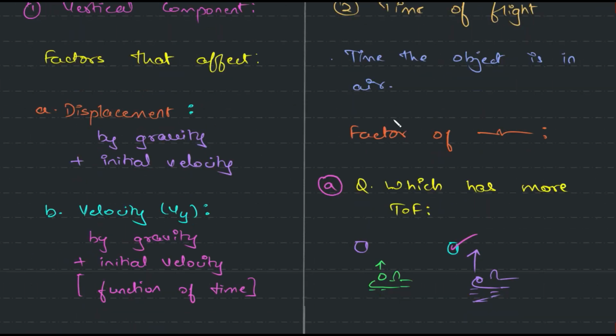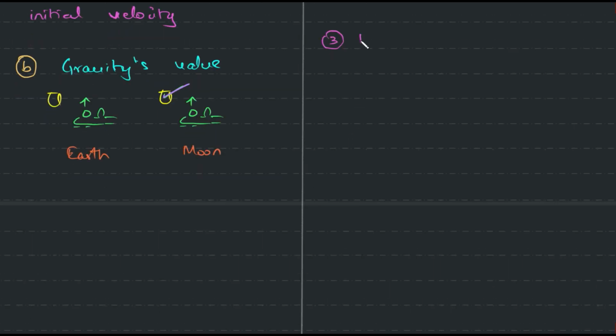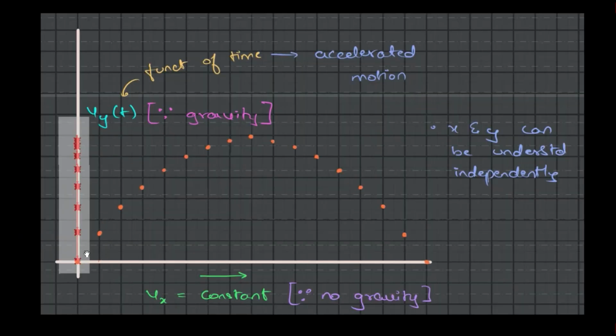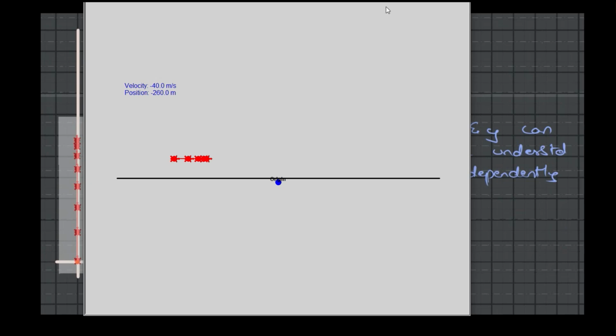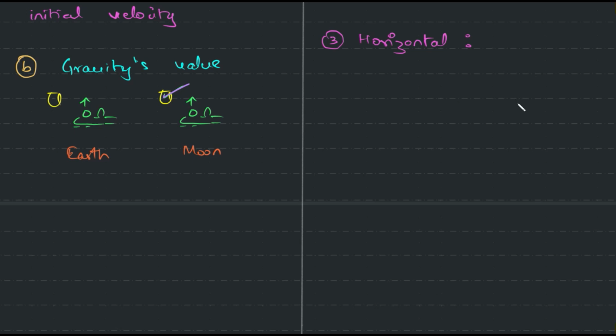Then what else? Vertical, time of flight, over. What about horizontal? What affects your horizontal component? We have this as well, the gap with which it's moving, right? We see over here as well. So we have the horizontal factor. What affects it?